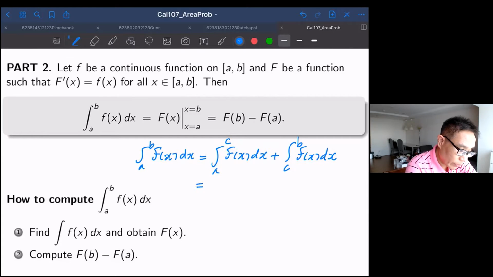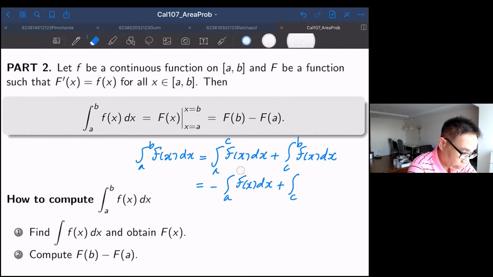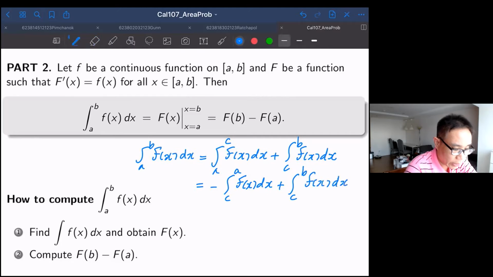If I flip this a little bit, I get the integral from c to a and c to b of f x dx. This is what we have.